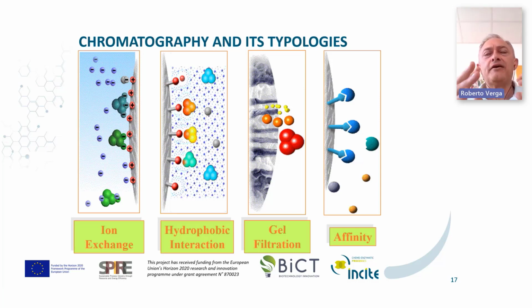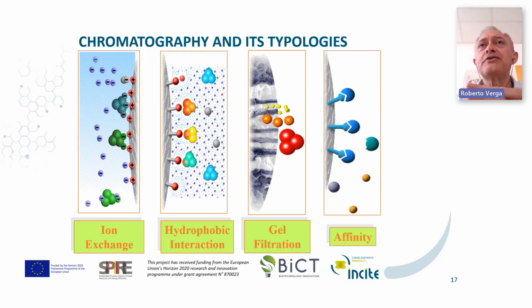Or I can use a functional group with a hydrophobic structure. Some proteins, such as lipases, for instance, have some part of the structure with a high number of hydrophobic amino acids, which can interact with this group. It's a hydrophobic interaction.